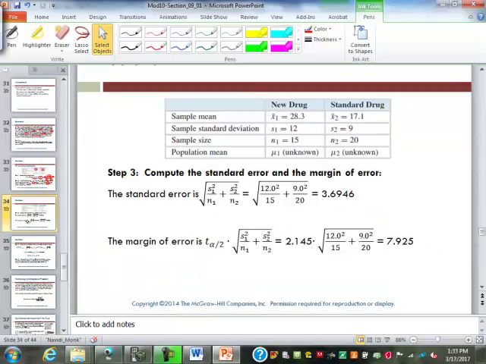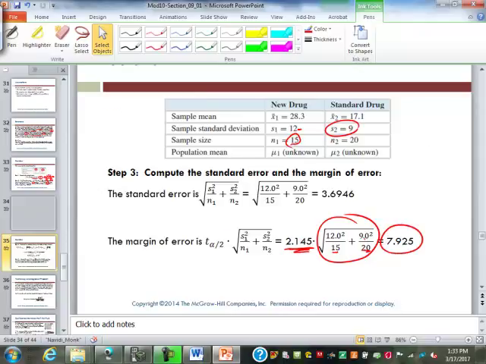So our margin of error is the 2.145 times that standard error. 12 is the sample standard deviation for sample 1, divided by 15, its sample size. 9 is the sample standard deviation for sample 2, divided by 20, its sample size. That's multiplied by that critical value. We get 7.925 as our margin of error.